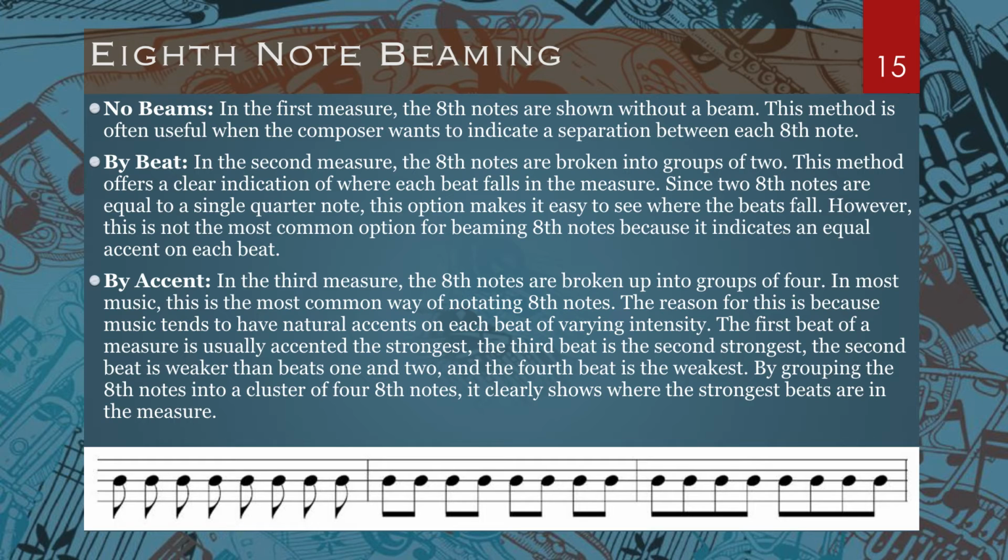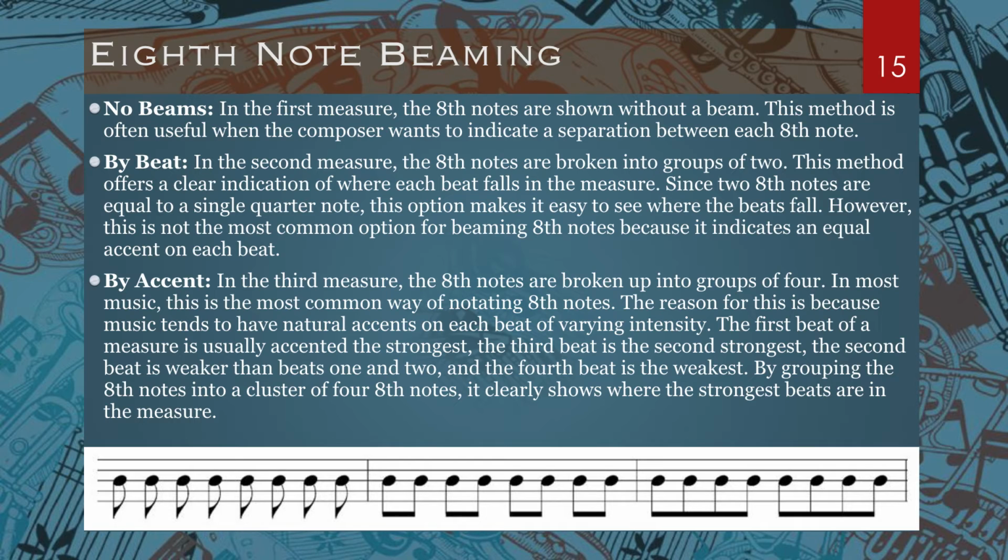So if you look at the second measure, you would accent the first eighth note in each pair. So you'd have bum bum bum bum bum bum bum bum. The first one being played just a little bit harder than the second one. Same thing with measure 3, except we only accent the first and the third beat.